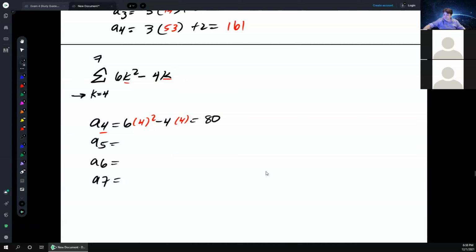And then all we're going to do is swap this out. Next one, we're going to be plugging in 5. So that's 6 times 5 squared minus 4 times 5. Which gives you a total of 130.